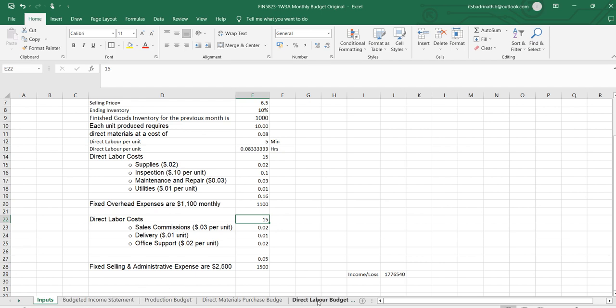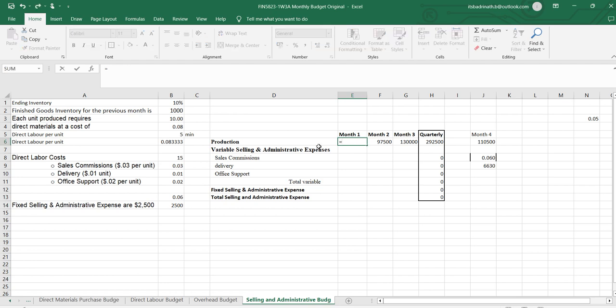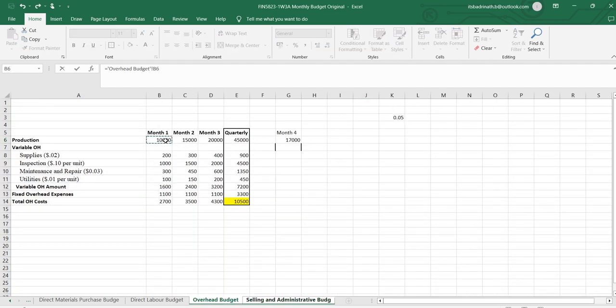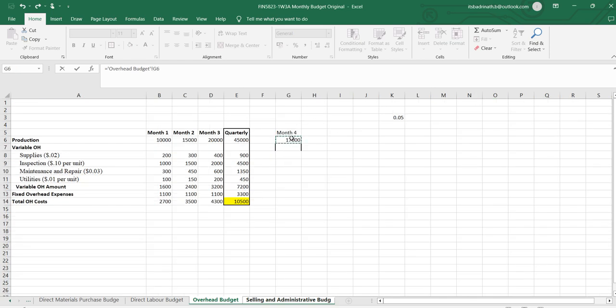Okay, so let me calculate this. I will remove all these costs there. Again, this depends on total production value. So what is the number of units that are produced? Let me take this one. Again, I will take this value and say 70.